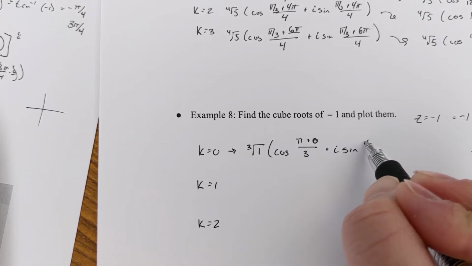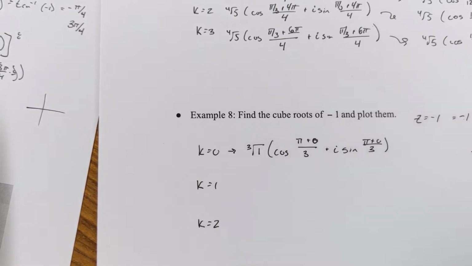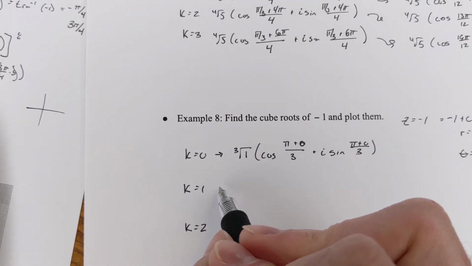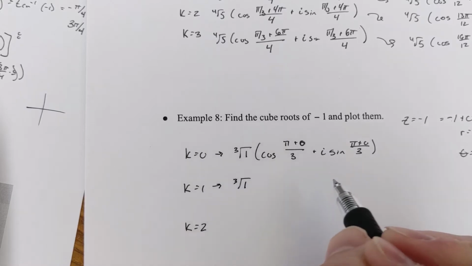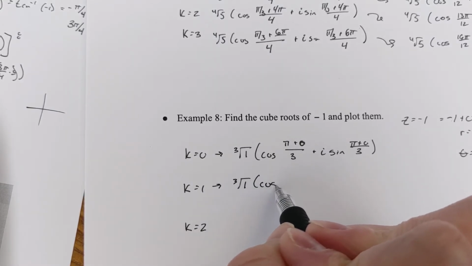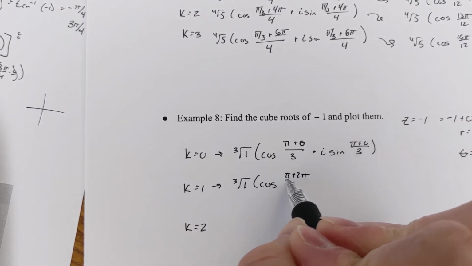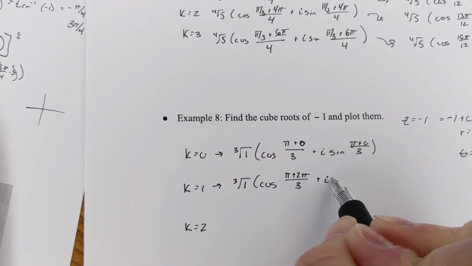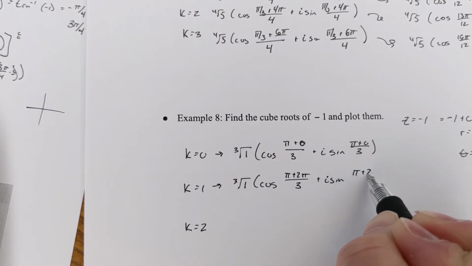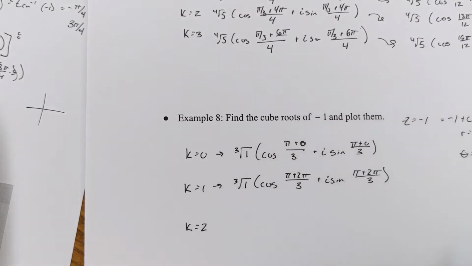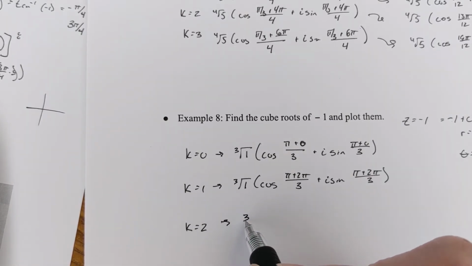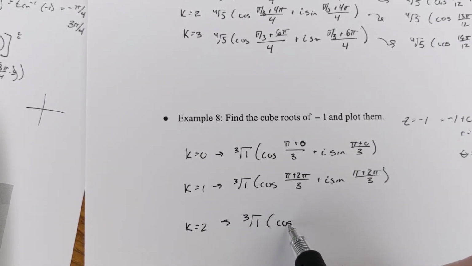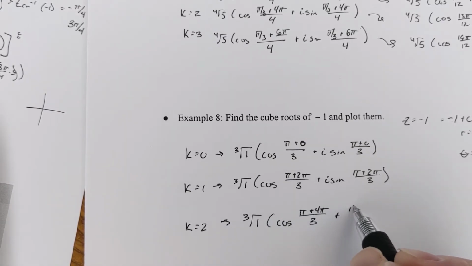Plus I sine. So there you go. For k is 1, cube root of 1, cosine pi plus 2 pi over 3 plus I sine pi plus 2 pi over 3. K is 2, cube root of 1, cosine pi plus 4 pi over 3.